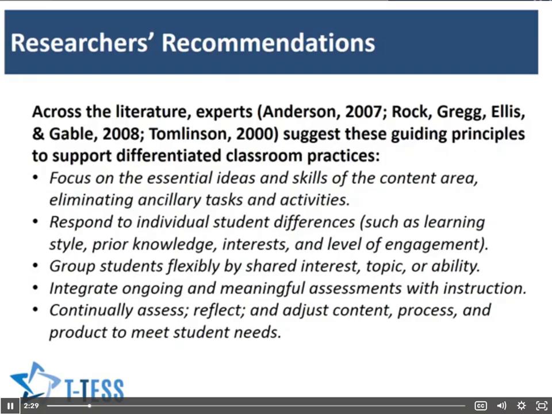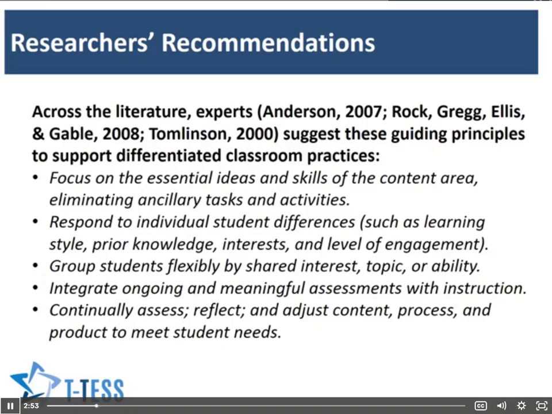Across the literature, experts suggest these guiding principles to support differentiated classroom practices. First, focus on the essential ideas and skills of the content area, eliminating ancillary tasks and activities. Next, respond to individual student differences, such as learning style, prior knowledge, interests, and level of engagement.